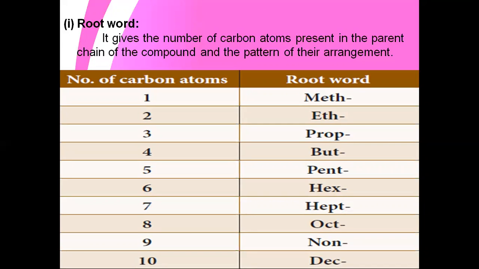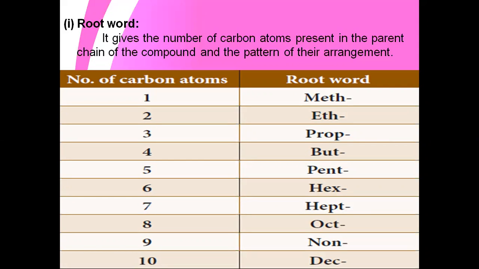Three carbons: prop. Four carbons: but. Five carbons: pent. Six: hex. Seven: hept. Eight: oct. Nine: non. Ten: dec. So the root word depends on the number of carbon atoms present in the chain of the compound and the pattern of their arrangement.